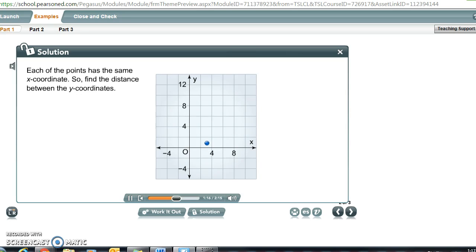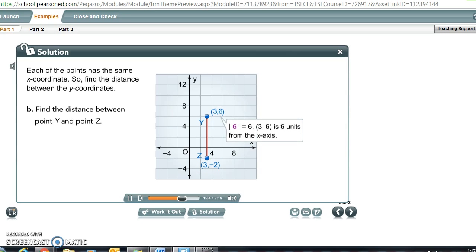Point Y is at 3, 6 on the graph. Point Z is at 3, negative 2 on the graph. Part B. Find the distance between point Y and point Z. The absolute value of 6 equals 6. So the point 3, 6 is 6 units from the x-axis.